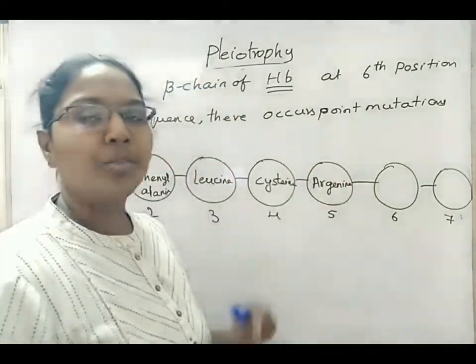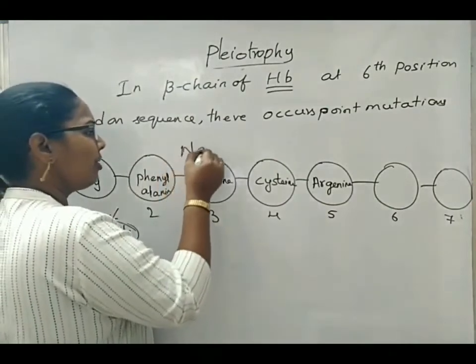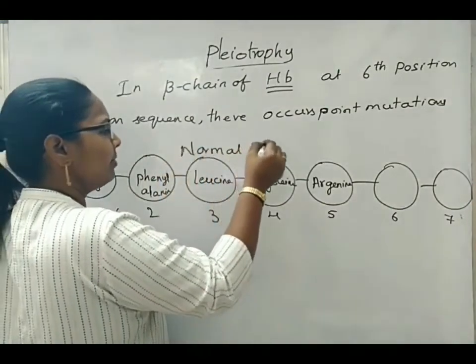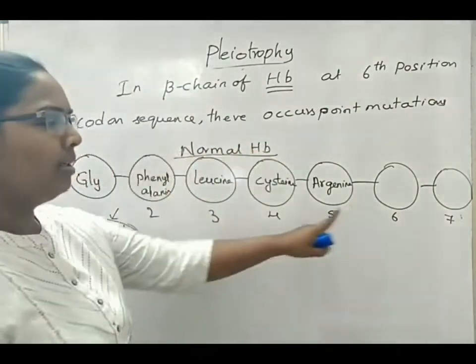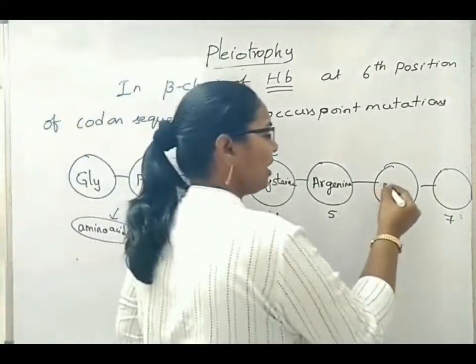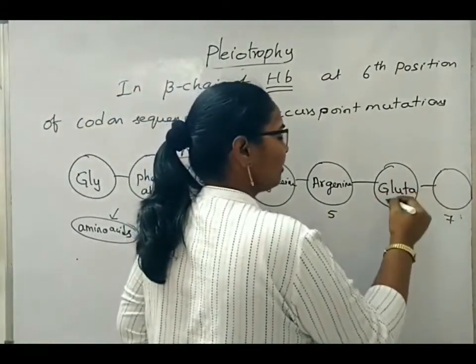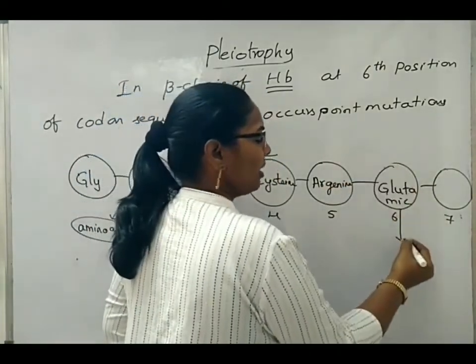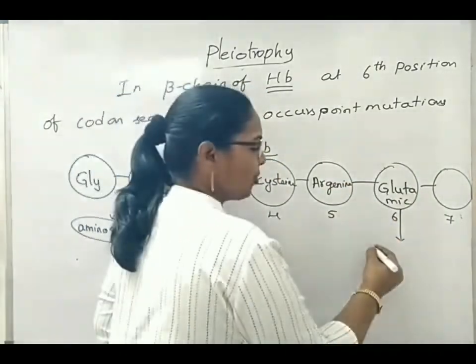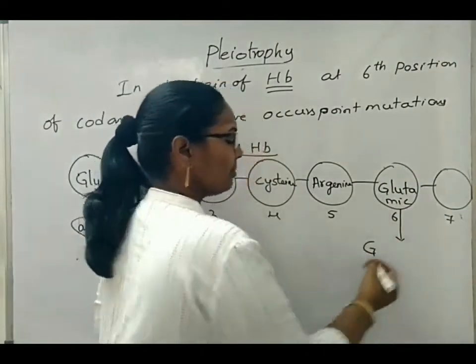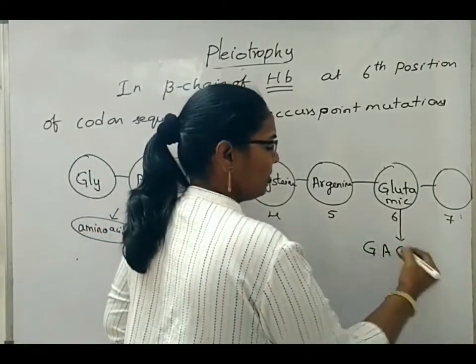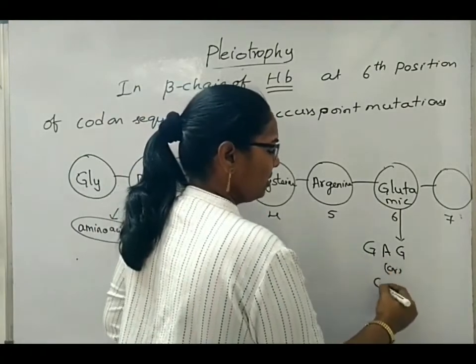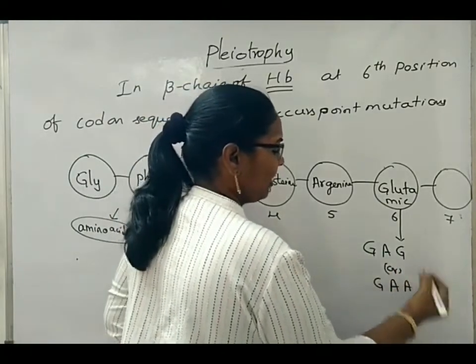Now, at the sixth position, in case of normal hemoglobin, the sixth position should have glutamic acid. And glutamic acid is coded by some codons, that are G, A, G or G, A, A. What are these?